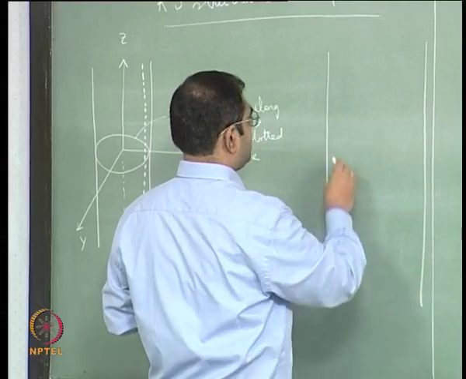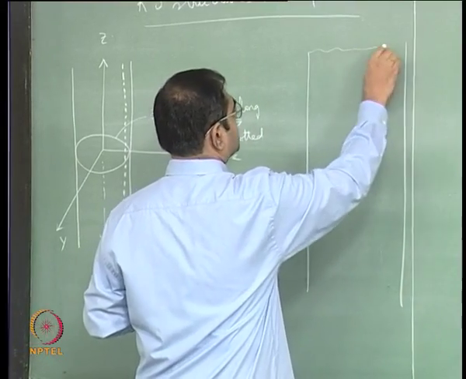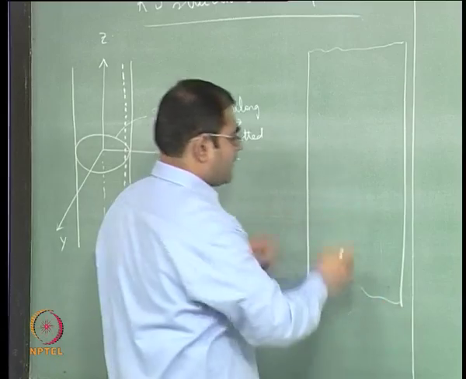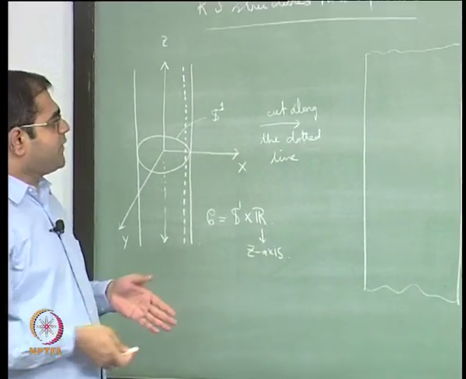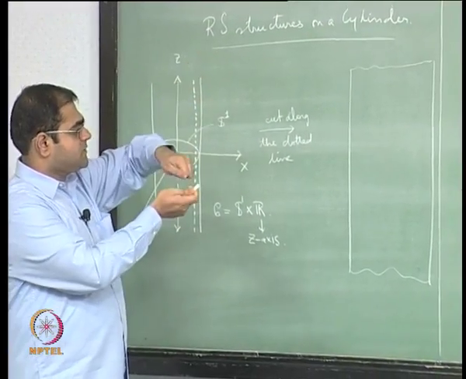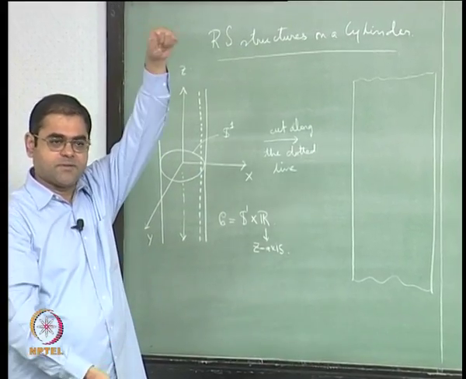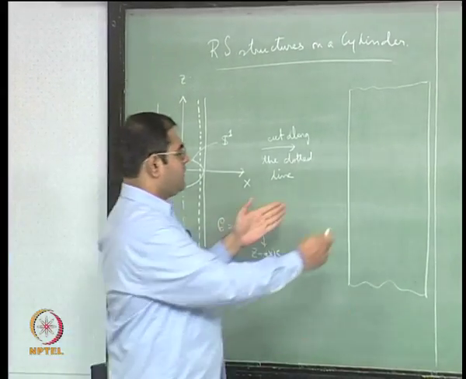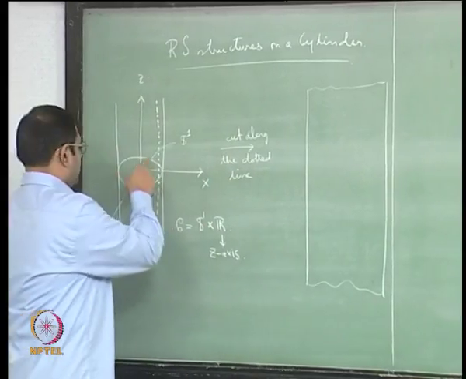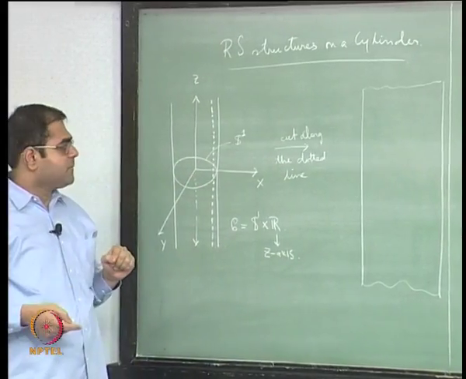Of course it is going to look like a vertical strip which goes to infinity in both directions vertically, and this length is going to be equal to the length of the unit circle.